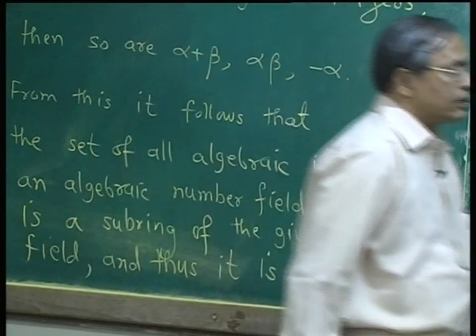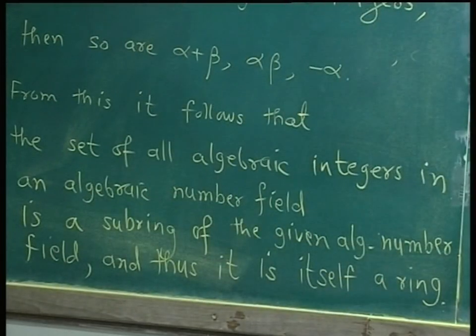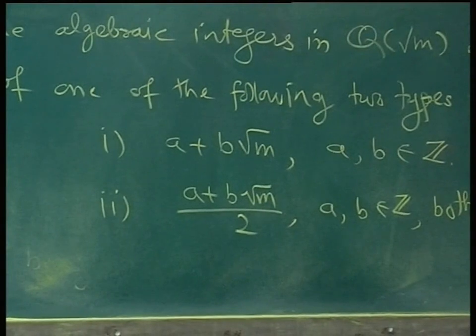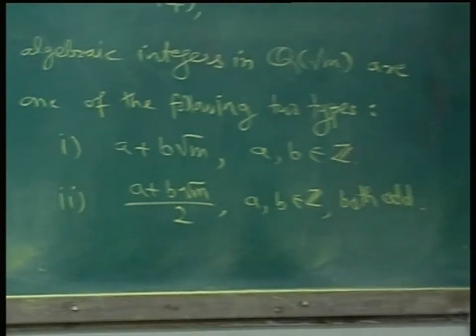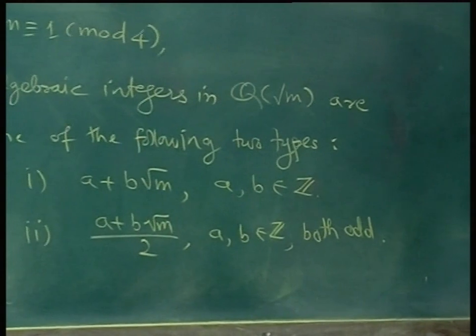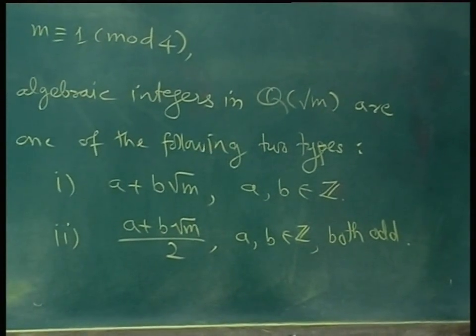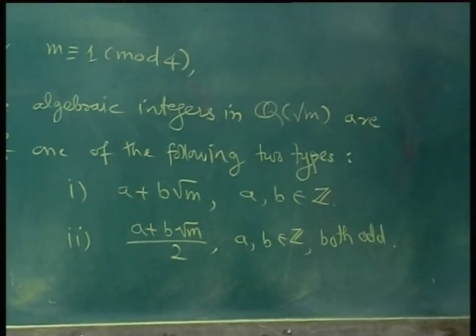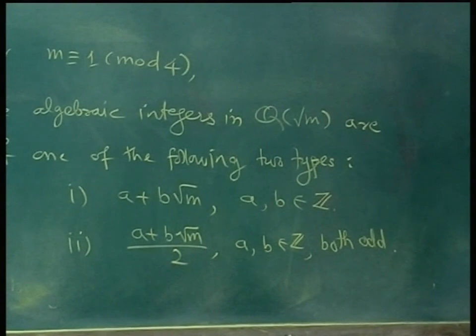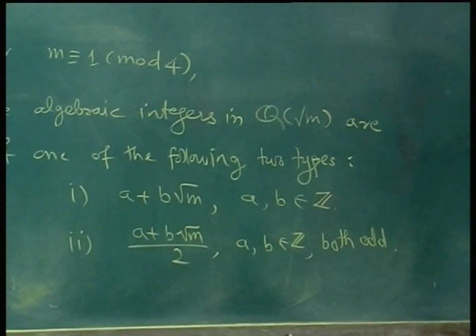So if m is congruent to 1 mod 4, such elements form a subring of the given field Q root m. Okay, it is itself a ring.